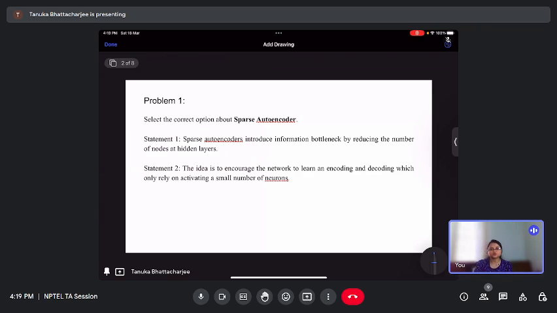That ensures that you have a compact representation even if you have a higher number of nodes in the hidden layer. So you can have any number of nodes in the hidden layer, but what you have to ensure is that the activation of those nodes is sparse. There is only a small number of neurons among the hidden layer ones that are activated. So only the second statement is correct in case of sparse autoencoder.